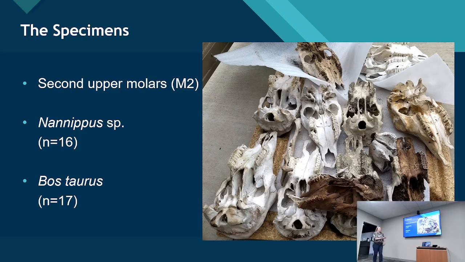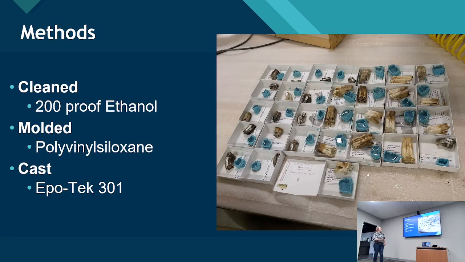So very, very fun. Once I finally pulled all my teeth out, the horse teeth were already singular, and there's a whole way that you can identify them to a second molar. If you want to hear about that, I'm going to skip over it for now, but I will happily talk about that. I cleaned all the tooth surfaces with ethanol.